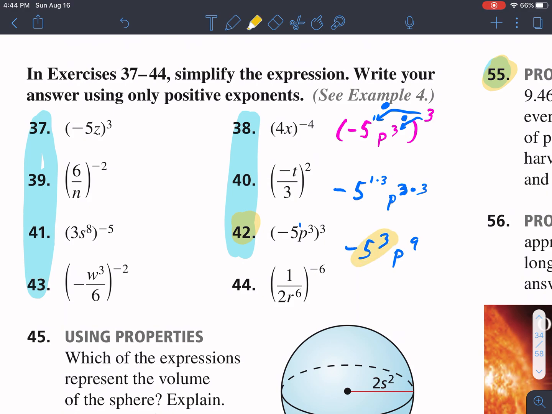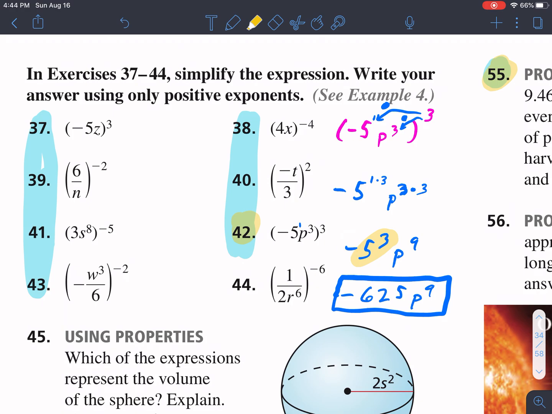Now we still got to simplify this. We don't want to keep this exponent out. So 5 to the 3rd power, I know 5 times 5 is 125, and 125 times 5 is 625, negative 625, and then p to the 9th. So this is your guys' answer. Remember, when you're plugging this in the calculator, you're only going to plug in the 5. You're going to leave out that negative.